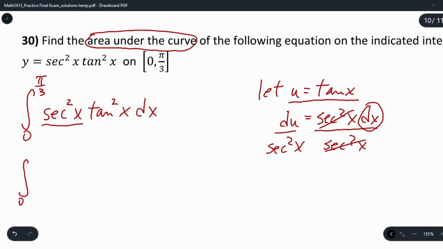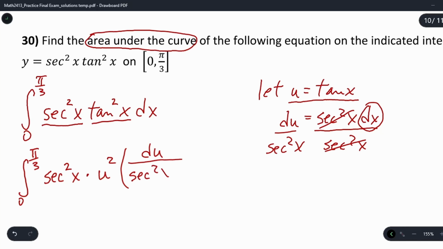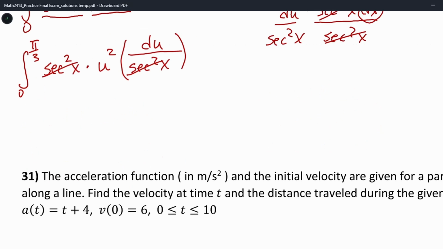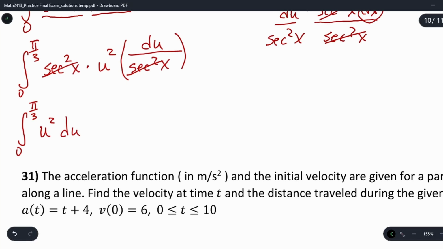So here we go, rewriting this integral from 0 to pi over 3. We're going to have our secant squared x times u squared, and then dx gets replaced with du over secant squared x. Notice that that will eliminate the secant squared x's, giving me an integral in terms of u only. Now, rewriting the integral from 0 to pi over 3, this is simply u squared du.